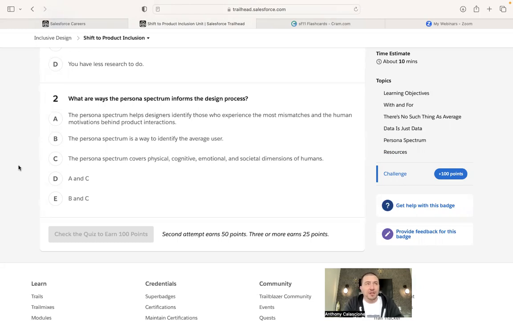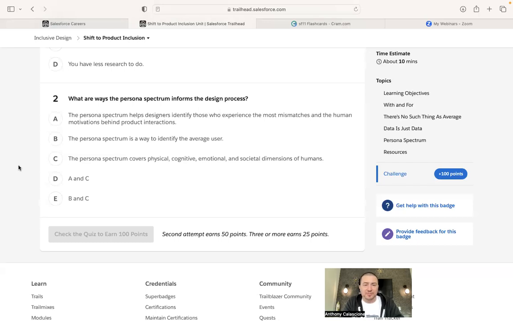Okay, B, the persona spectrum is a way to identify the average user. C, the persona spectrum covers physical, cognitive, emotional, and societal dimensions of humans. We know C is a correct answer because it's 60%, it's C, and then it's a combination of both D and E. So now is A or B the answer?